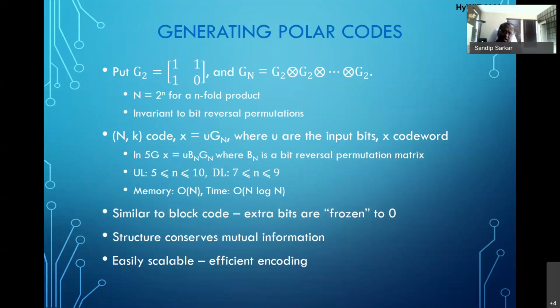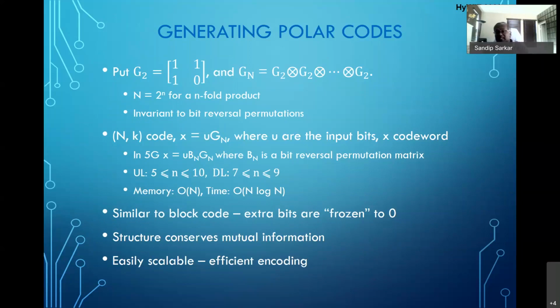So what Arikan et al. did was very smartly realize that if you take this matrix G2, which is this 1 1 1 0 matrix, and take two parallel channels, and take two independent bits and pass them through these parallel channels, the effective mutual information of this is the same as the effective mutual information of those two parallel channels.